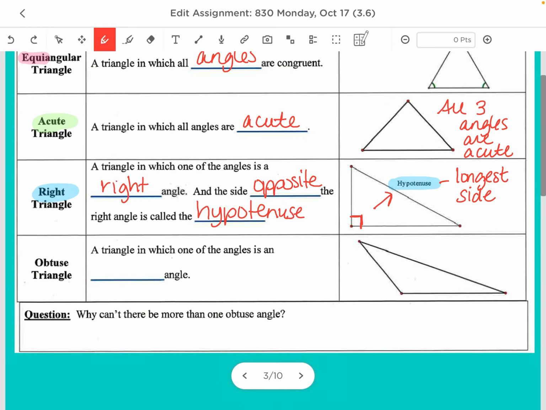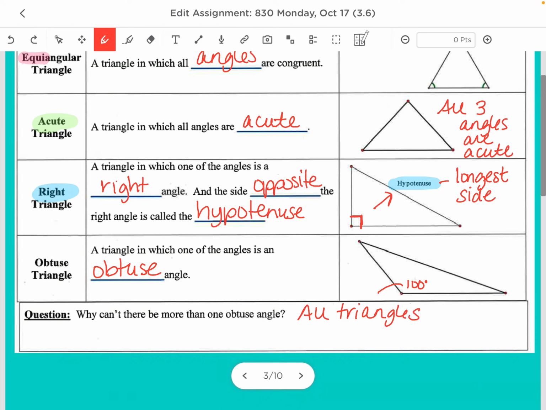And then we have an obtuse triangle, a triangle in which one of the angles is an obtuse angle. Okay, so you have one angle like this that might be 100 degrees. So why can't there be more than one obtuse angle? Well, you should know that all triangles have a sum of the angles that is equal to 180 degrees.